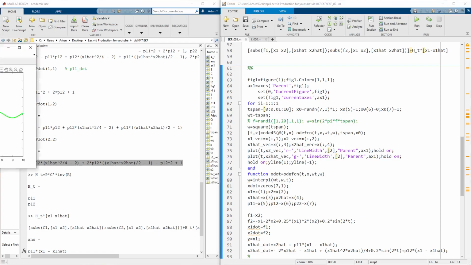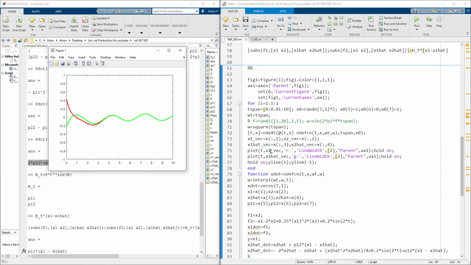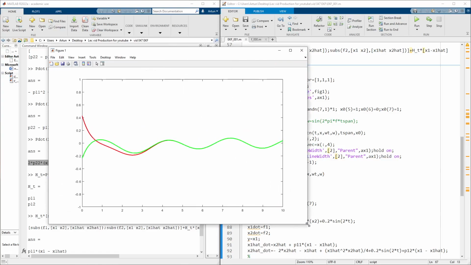Okay, here. By the way, I am running this for x2. This is x2 here, right? It would be a great thumbnail, I feel like. And red is the true state of the system, and the green is our observer, and the error between those states converges to 0, right?